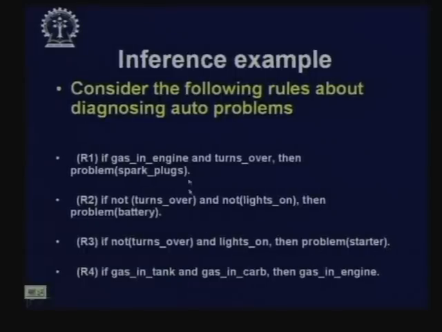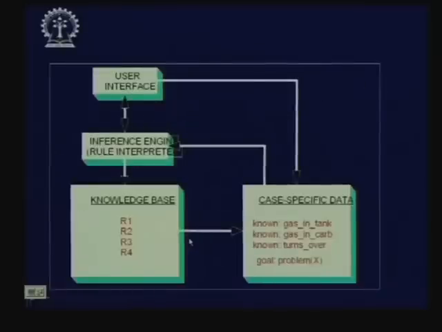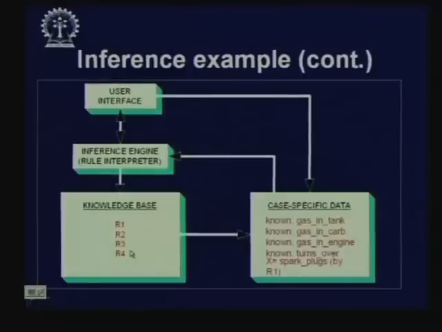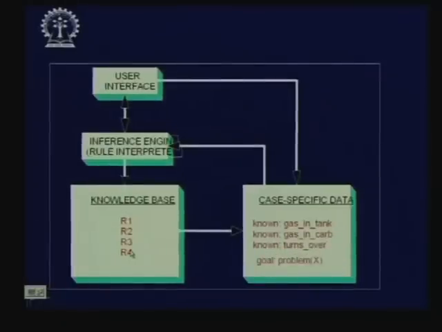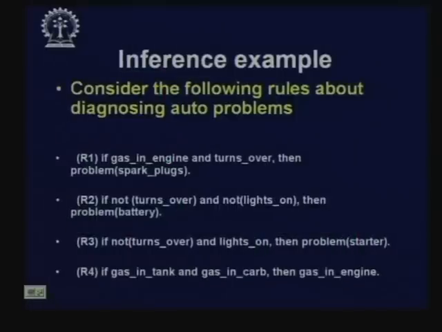Out of these rules we can always find out which rule will be enabled. We can see that rule R4 is enabled, given gas in tank and gas in carburetor, which gives gas in engine.